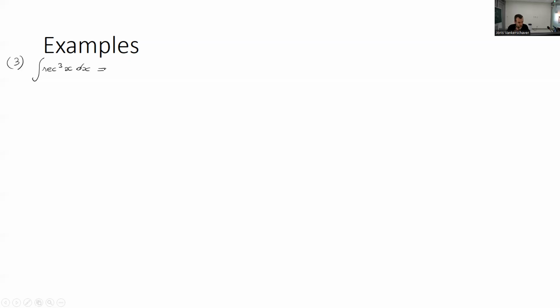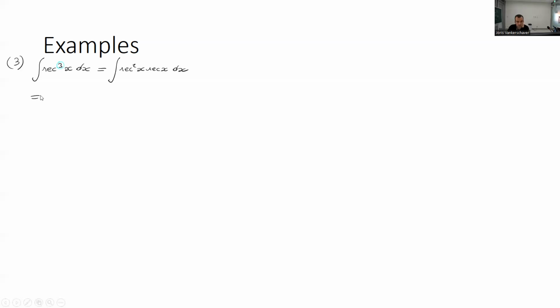So the first thing that we can do with this form is we can say, well, hey, I've got an odd power, so I'm going to write this as secant squared x times secant x dx, and I'm going to hope that that gives me something useful.